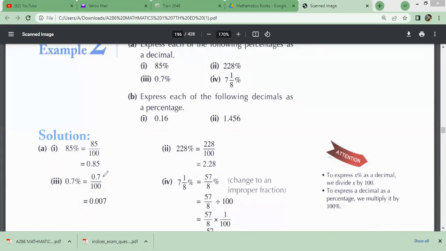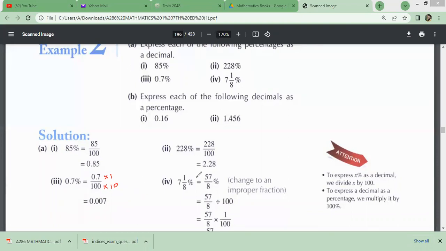So first we will multiply and divide it by 10, so it will become equal to 7 upon 1000, and then we can simply move this decimal towards the left, which is after 7, so it will be 1, 2, and 3 steps, so it will be 0.007.